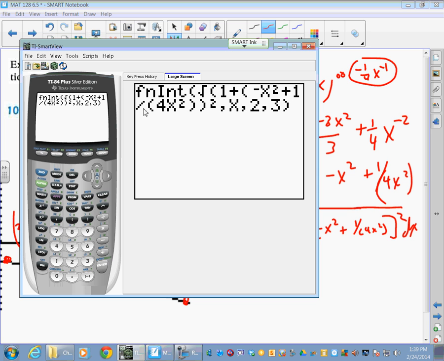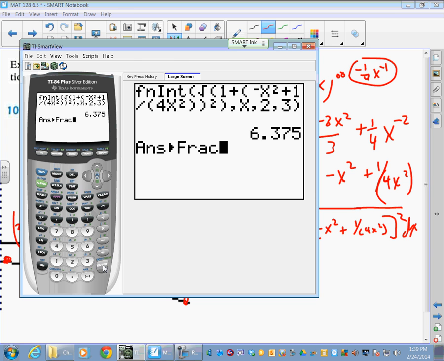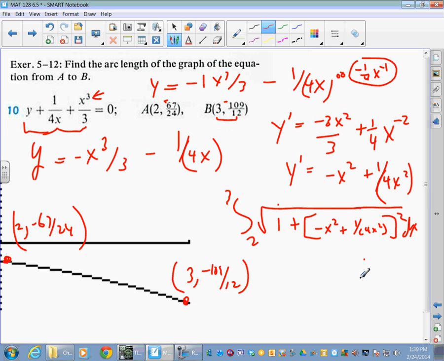Negative x squared plus 1 over 4x squared, all under the square root. Nice. 58.